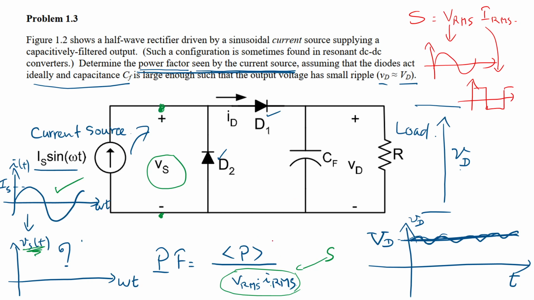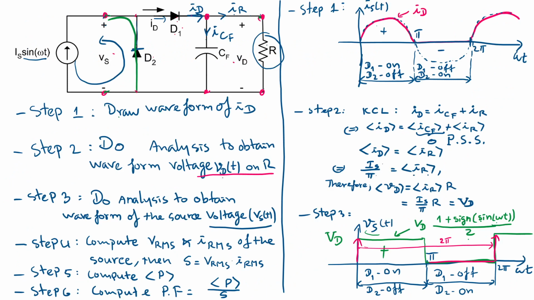Real power is just the average value. You have the formulation 1 over T, integral from 0 to period, of p(t) dt. This is the original formulation of average power or real power. I think I give the detailed steps here.